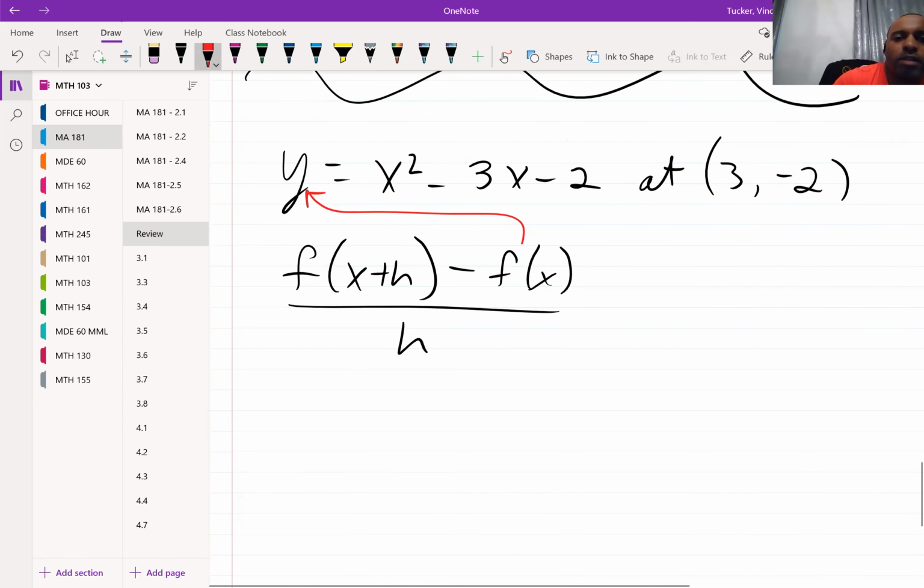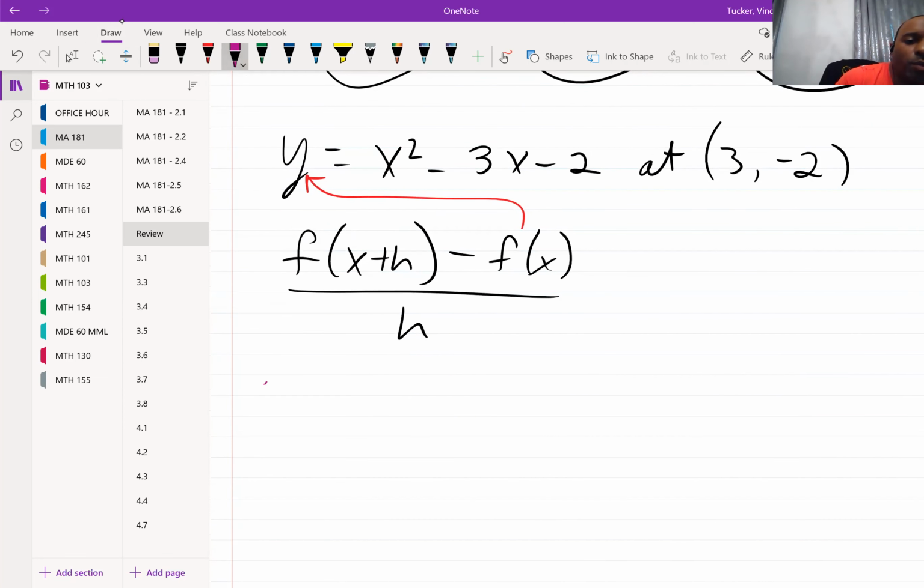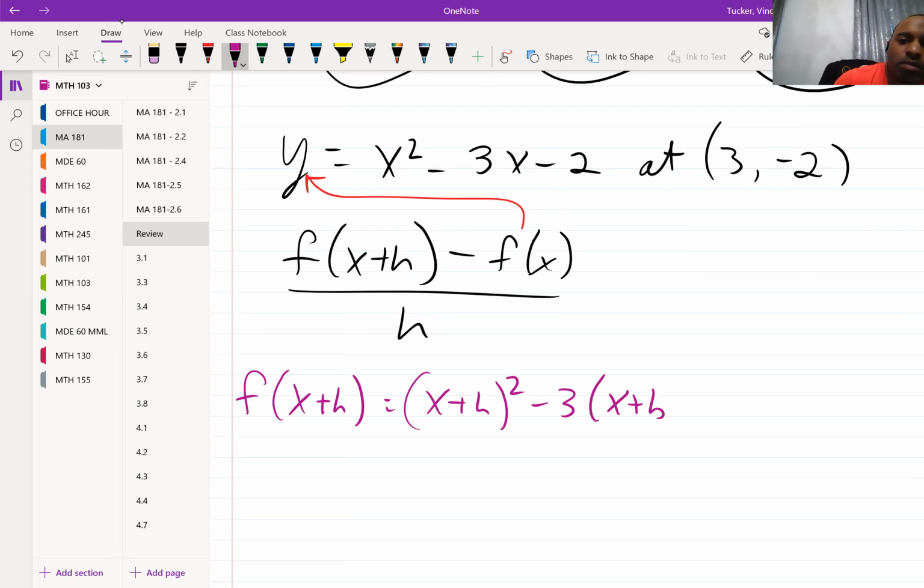We need f of x plus h, so we're going to plug in x plus h where we see x, and then expand it out.